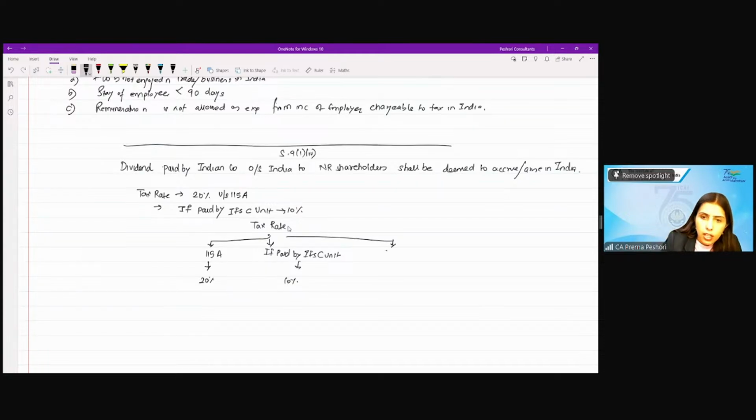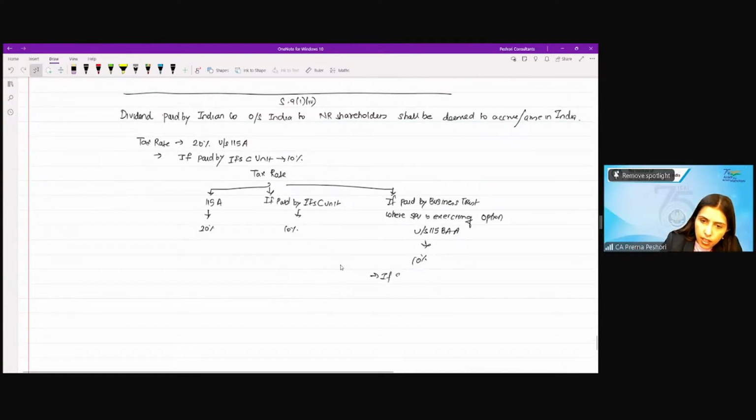And if paid by business trust, where SPV is exercising the option under section 115BAA, 10%.